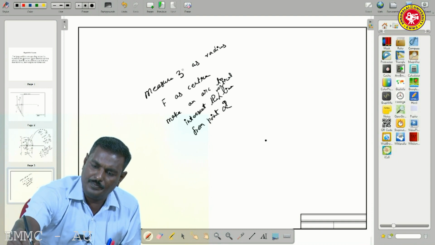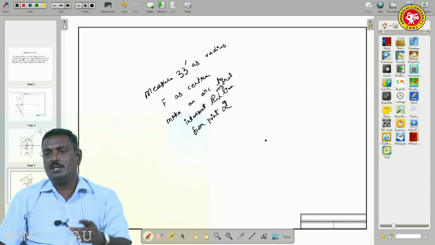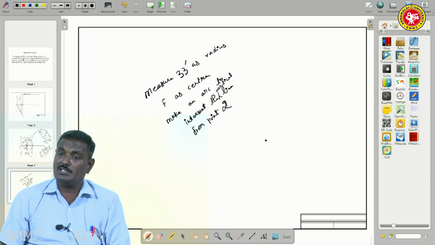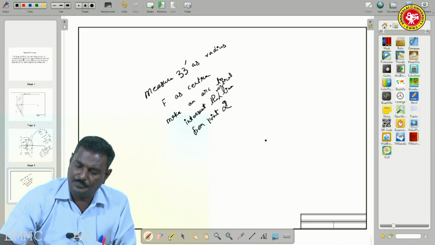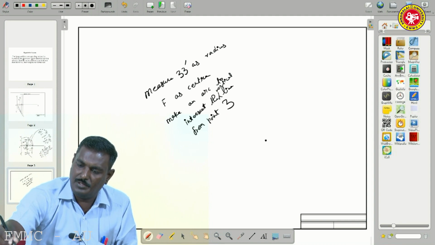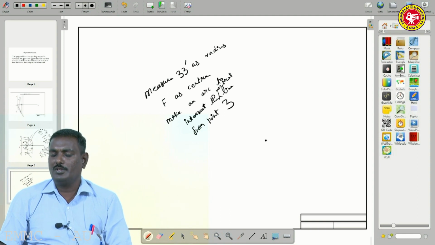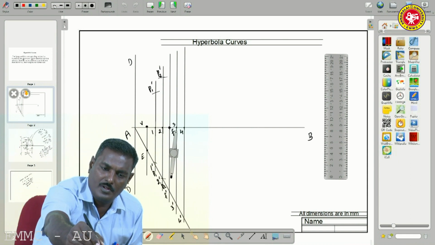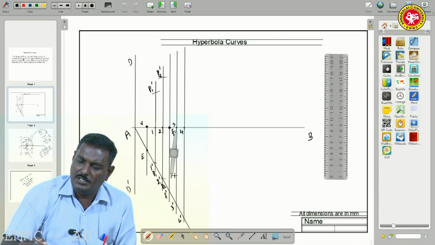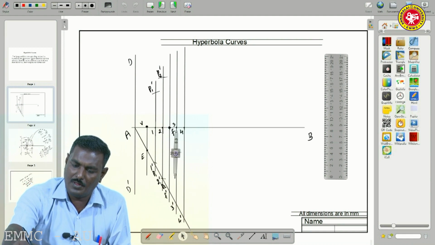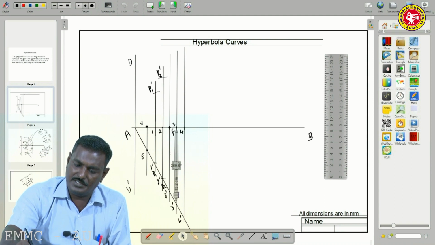With 3 dash as radius and F as center, make an arc to intersect the vertical line from point 3. Measure 3 dash as radius.